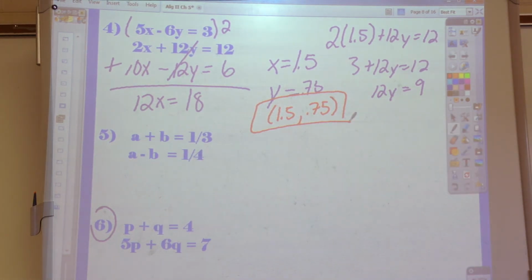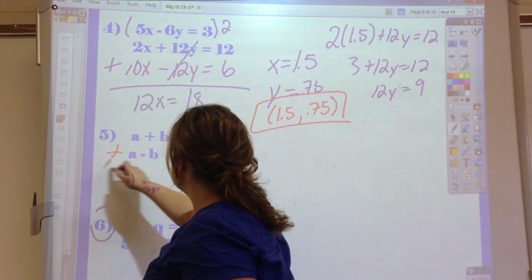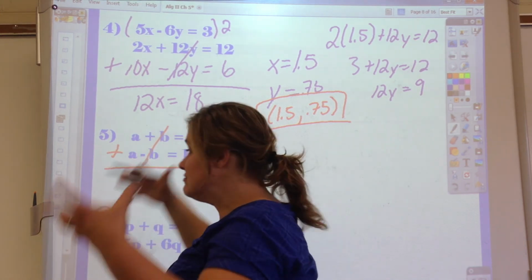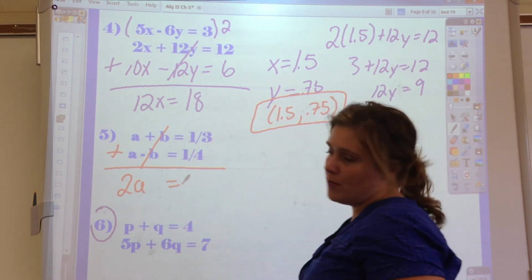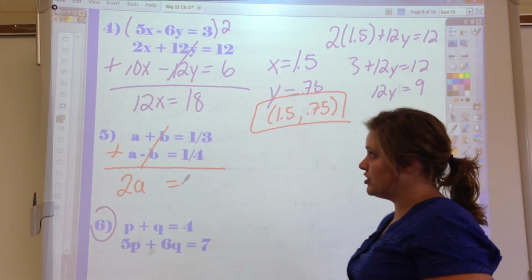Now for number 5, this last one here, this one seems difficult because we're dealing with fractions and nobody likes to deal with fractions. But we're going to go ahead and add these together, watch the b values cancel, combine the a's, and get a common denominator and combine my fractions.